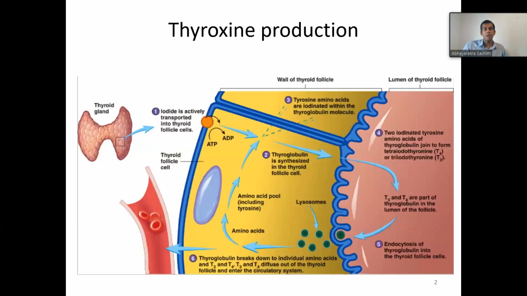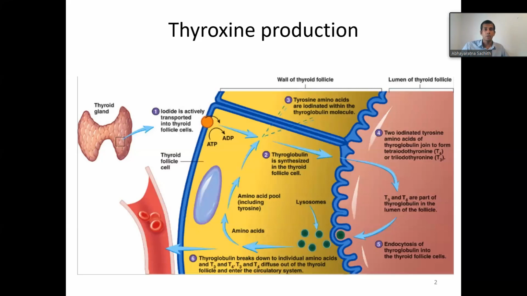Just to refresh your knowledge on thyroxine hormone production. It's important to know because when we use multiple medical therapies, we target different areas of thyroxine hormone production. So I hope you'll remember your physiology.